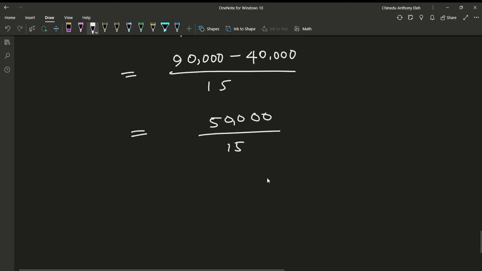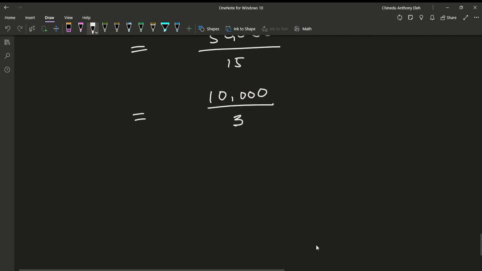Divide by 15, which is indeed, I think 5 is common, so 5 into 50,000 is 10,000. 5 into this is 3, so 10,000 divided by 3 is roughly 3,333.33 joules.